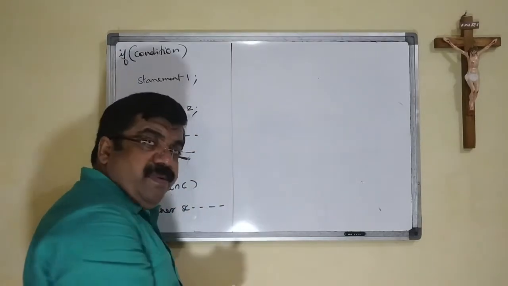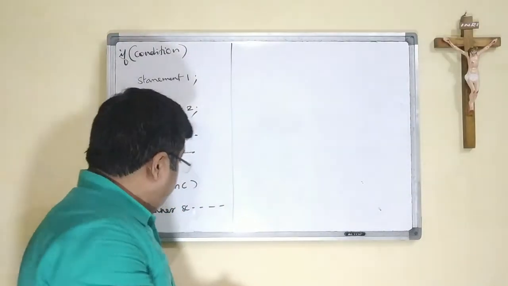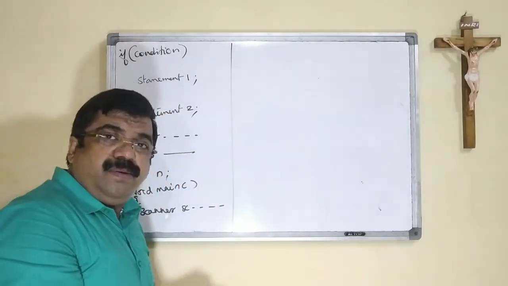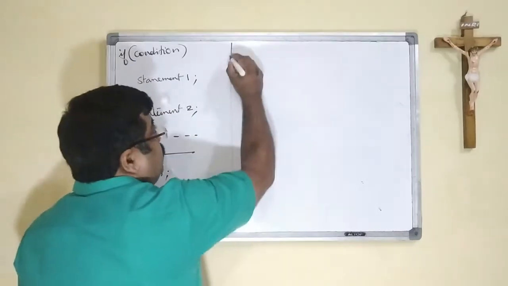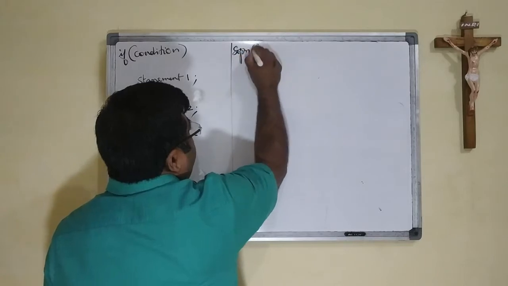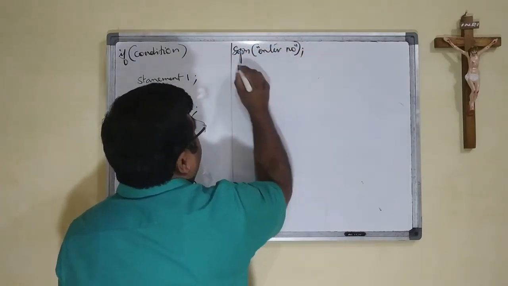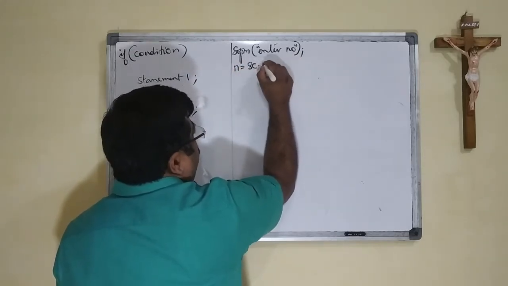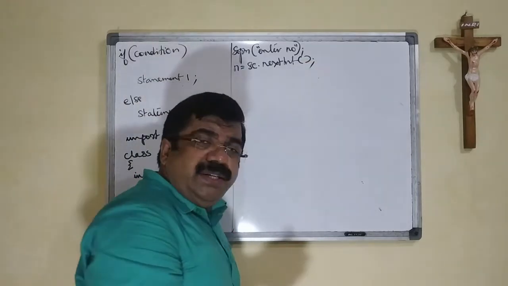Then we give the condition statement as we did earlier. Sorry, first we have to input the number. Give the statement for that. SOPLN, enter number. n is equal to sc.nextInt.